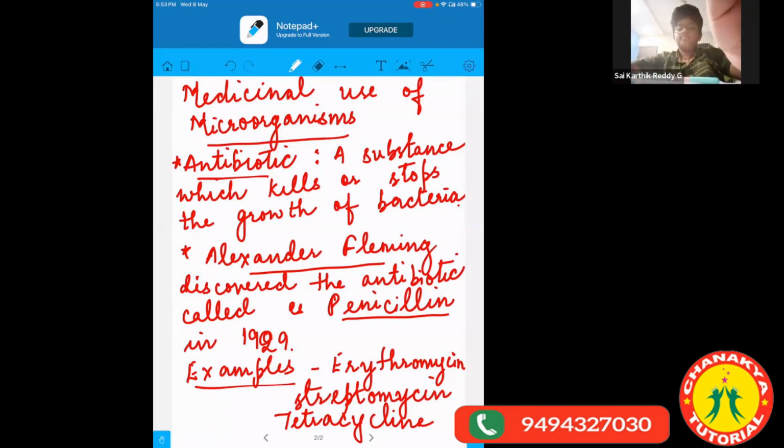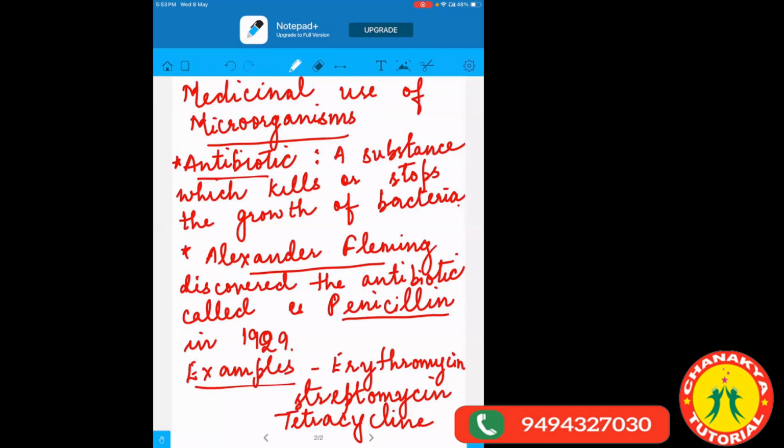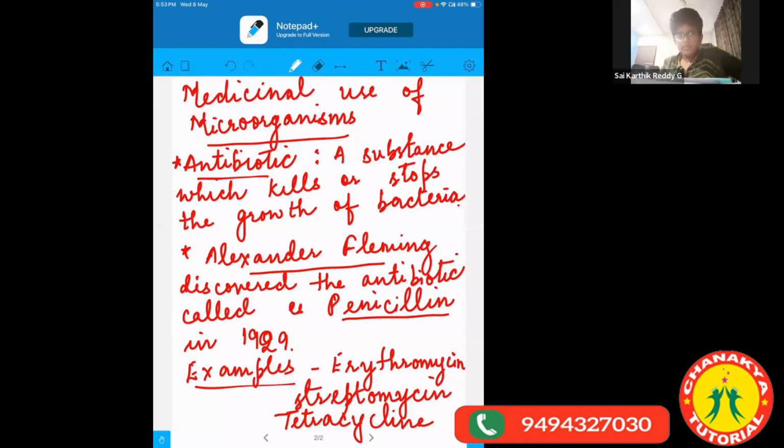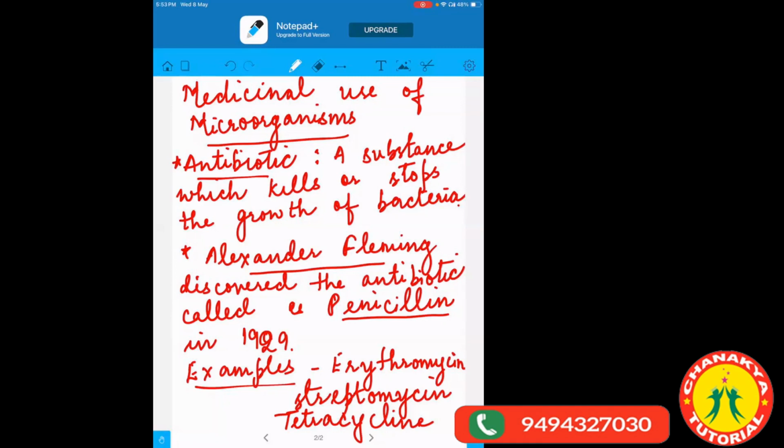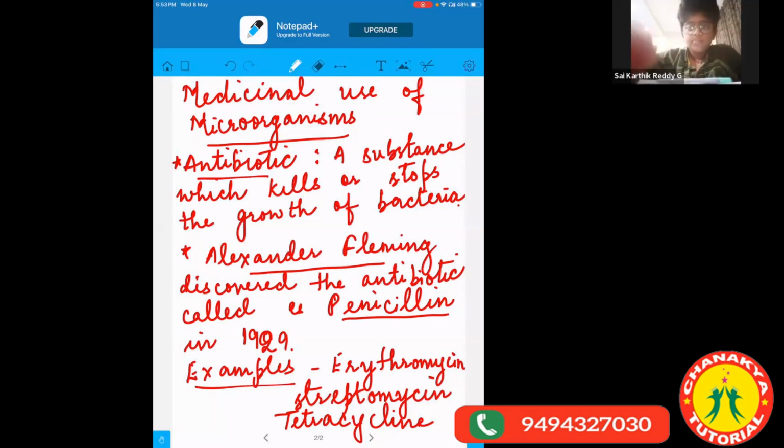Ma'am, what is the third example, ma'am? Tetracycline. Okay. TETRACYCLINE. Okay. Ma'am, the second one? Streptomycin. STREPTOMYCIN. Okay. Ma'am, in this, which is the most effective?